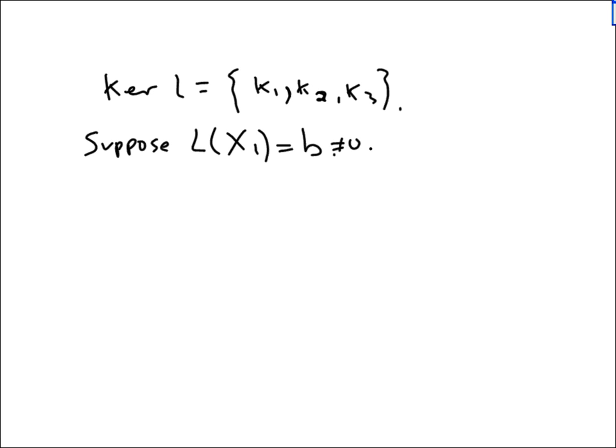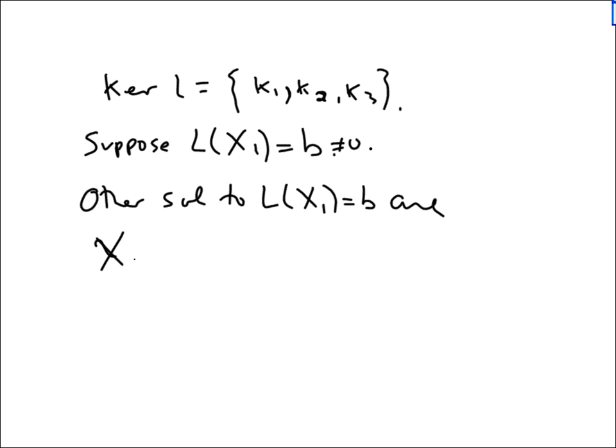And then there are other solutions. Other solutions to L of x equals b are, well, there's x1. Now you can have x1 plus k1, and you can have x1 plus k2, and you can have x1 plus k3.